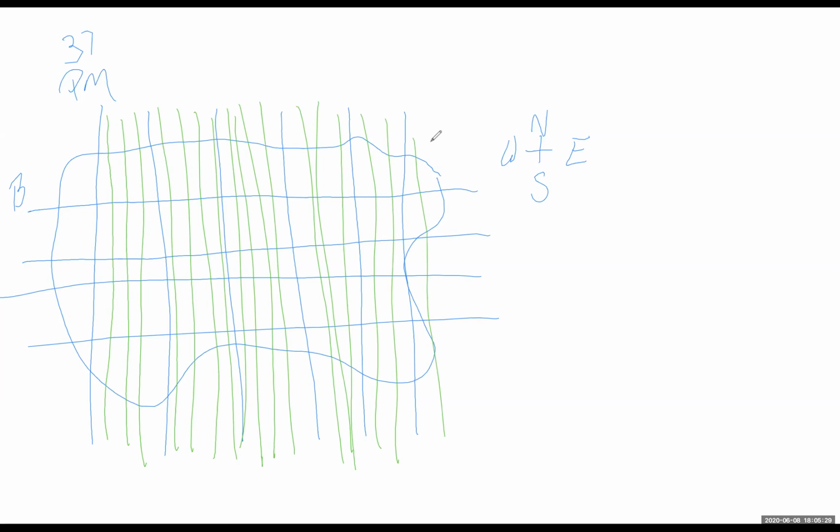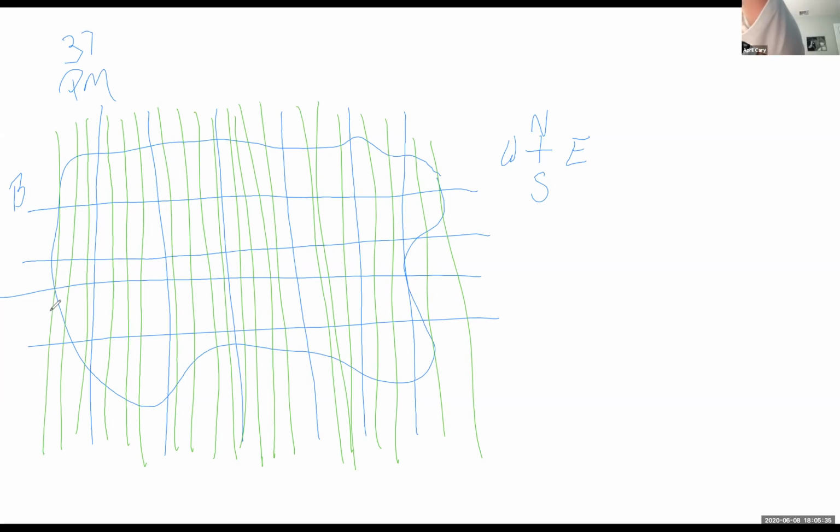What are these lines called every 6 miles? Ranges. So these green ones are range lines. Who's got questions so far on that? Okay.